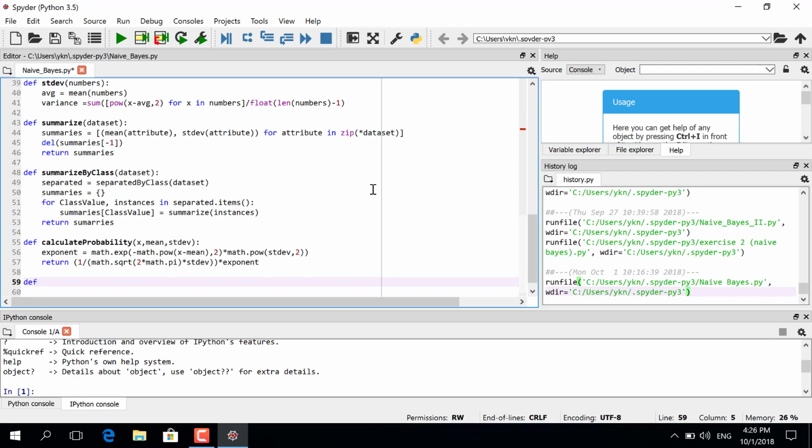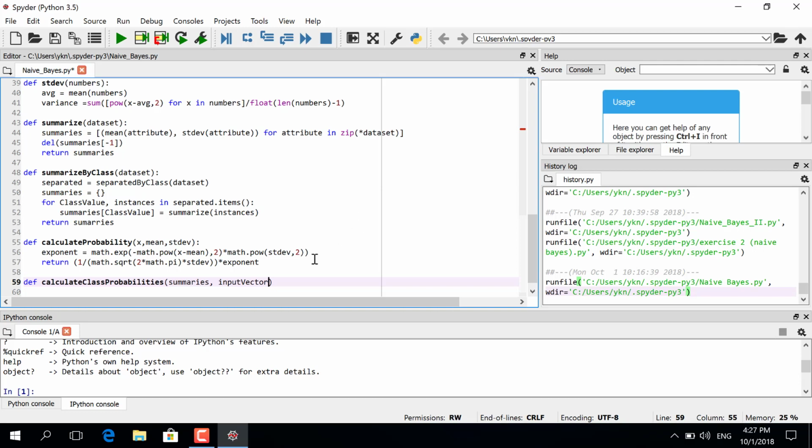So we again define a new function, call it calculate class probabilities, by taking two variables: summaries and the input vector. The input vector is a vector of the rows of the independent variable.